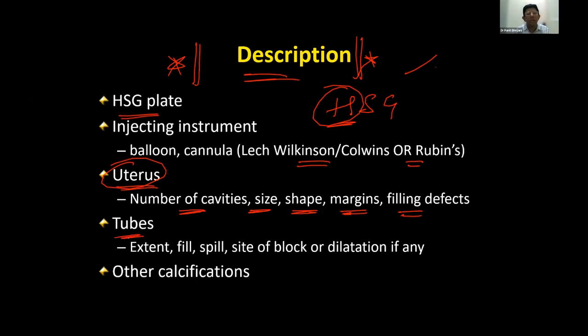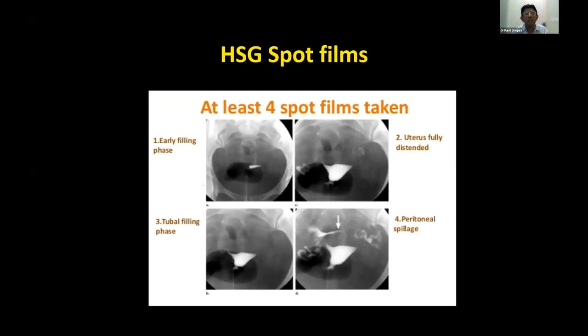And then the tubes: extent of the tube, whole length of the tube is thin, proximal tube is thin, distal tube is thin, whether the spill is free, and if any block or dilatation, and any other things if we notice them. Okay, so at least in the first early filling phase, you can see the dye just entering the uterus. Then this is the cavity which I'm reading in the uterus. All of us can see the tubes also if you zoom in, and then of course we see the spill of the dye. Okay, so that is what it is.